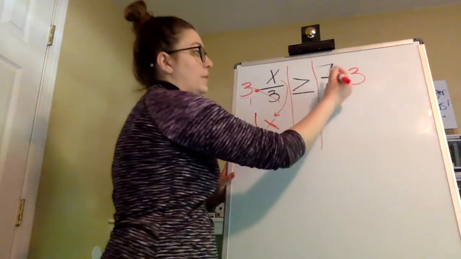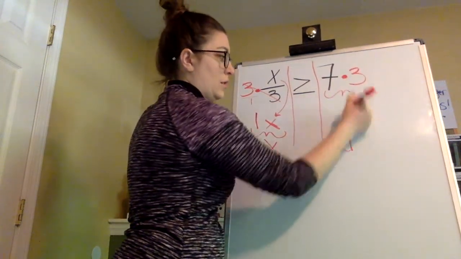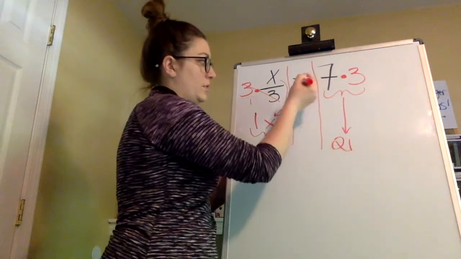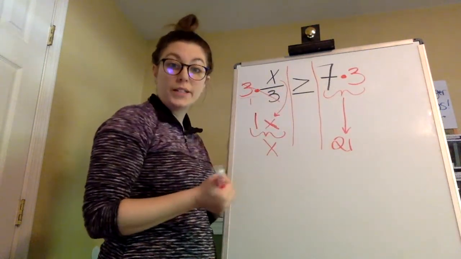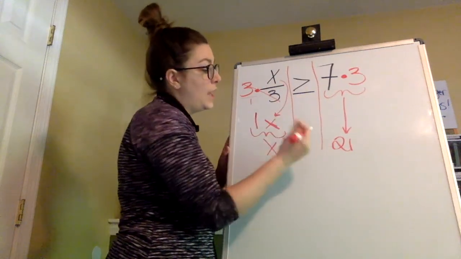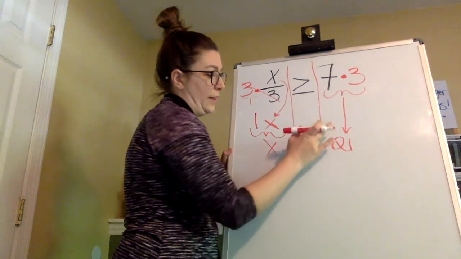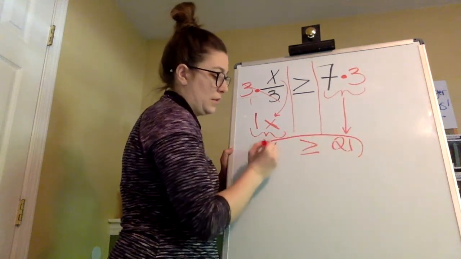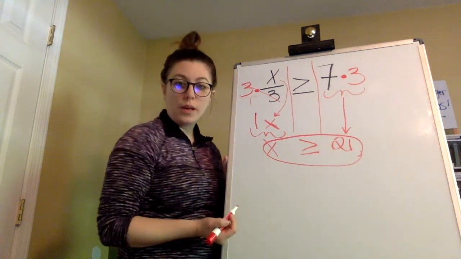And then you have 7 times 3 is 21, and we'll bring that down. So now we just divided like normal. We just used positive numbers, so we're going to slide this inequality sign down here. So now we have x is greater than or equal to 21.